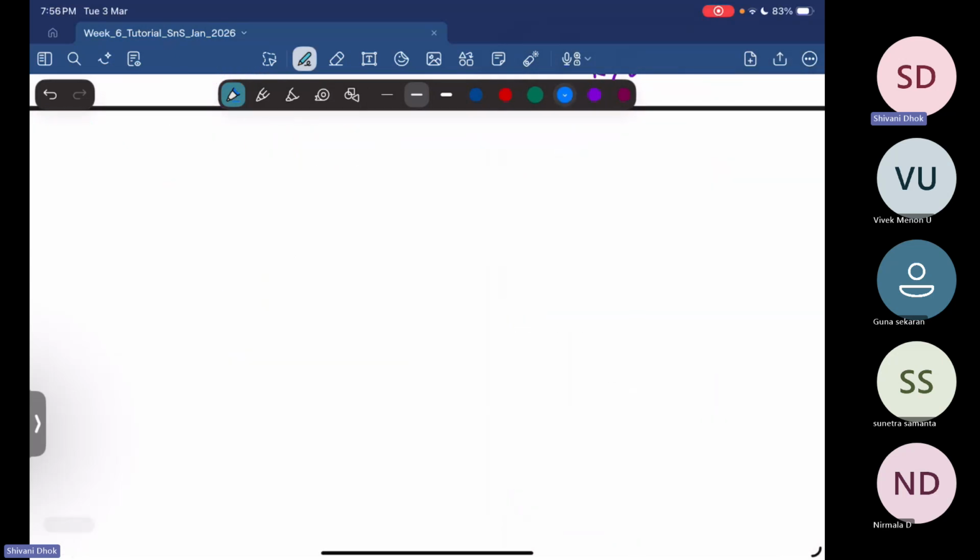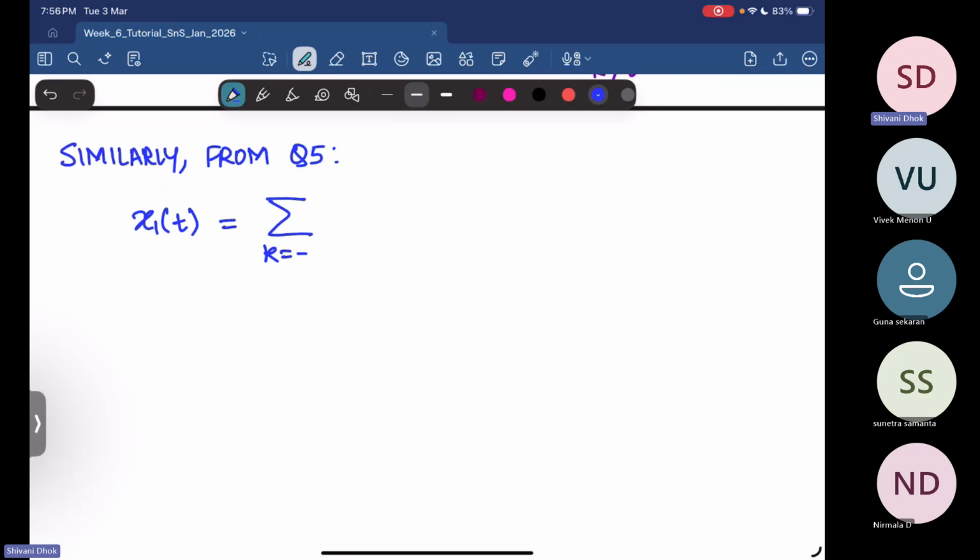Similarly, from question number 5, we saw that x1 of t I can represent as summation k running from minus infinity to infinity ck into e power j k omega naught t.